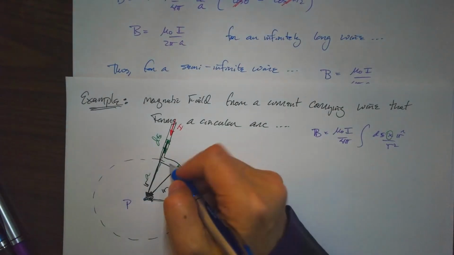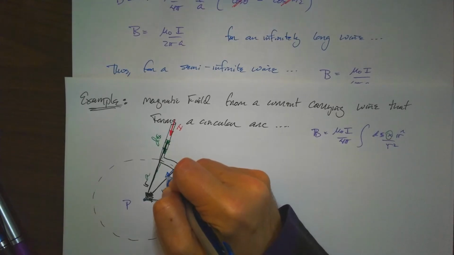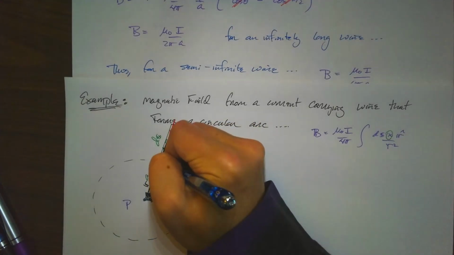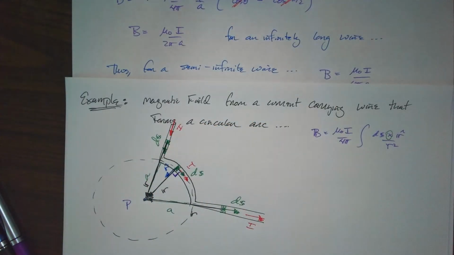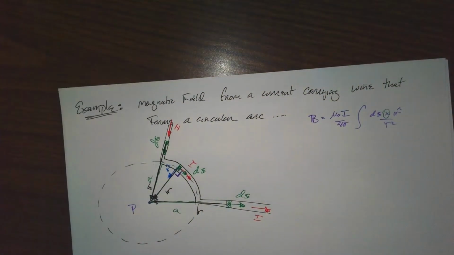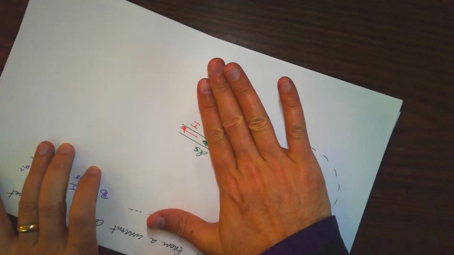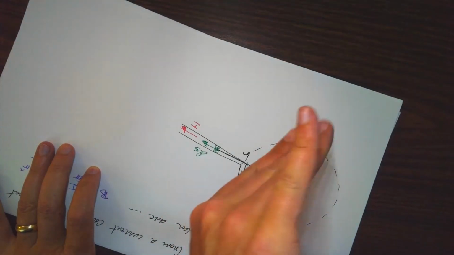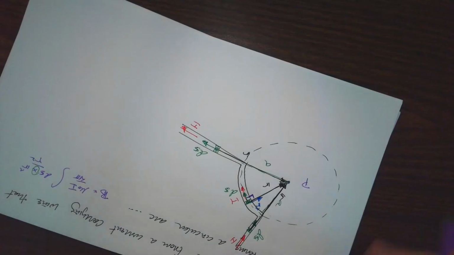And therefore, r hat goes like that. Okay? Now this one's going to be really nice. So when I do the cross product, and we take a look at this ds vector crossed into the r hat, it again goes into the page.